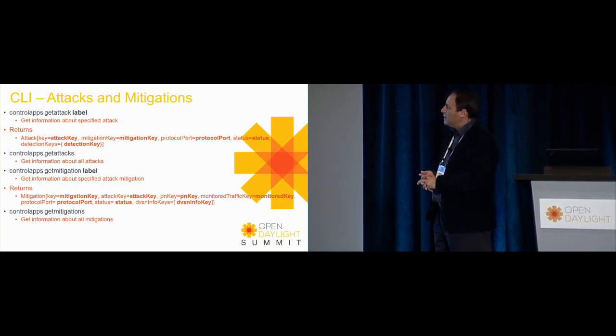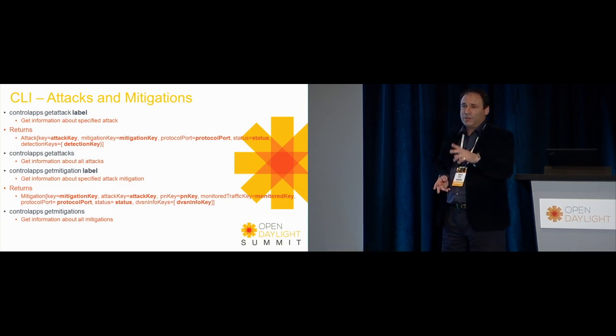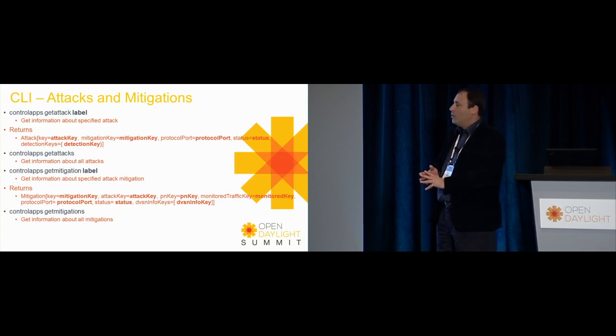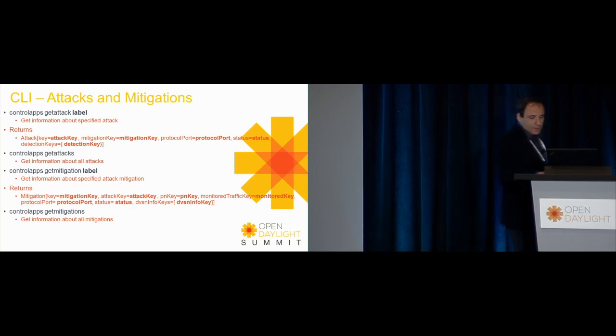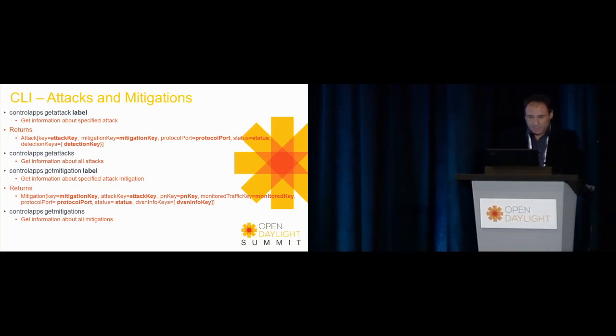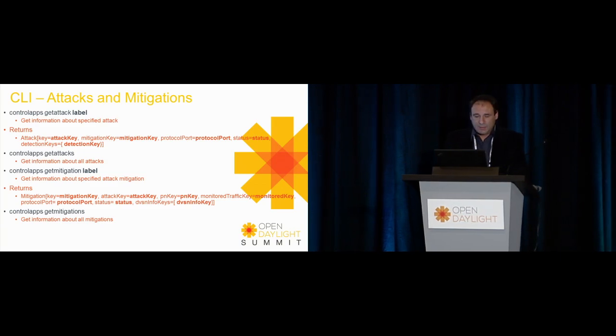Mitigation contains details about the mitigation of that attack, including which is the mitigation driver, and if traffic redirection goes on, what are the details of that. Okay. And that pretty much concludes the CLI section.